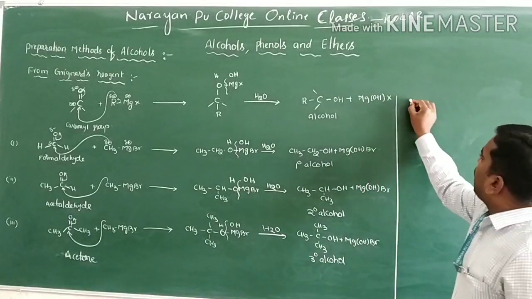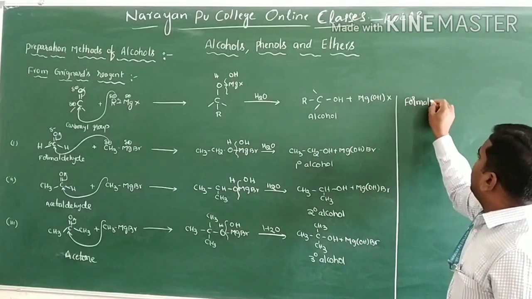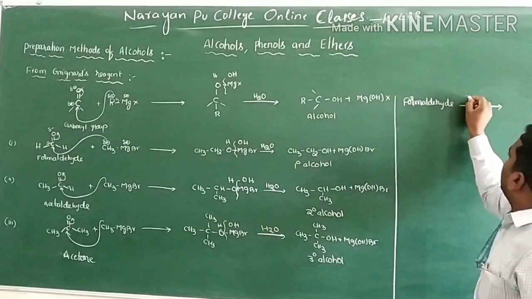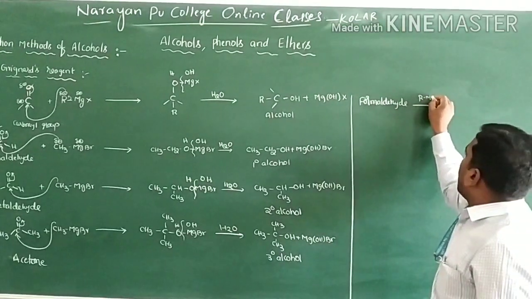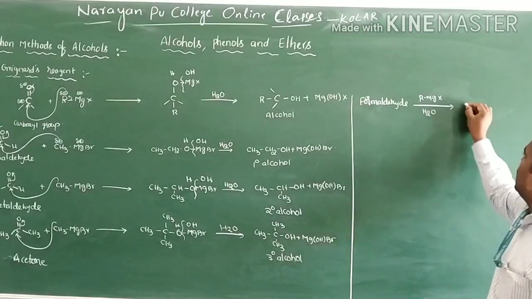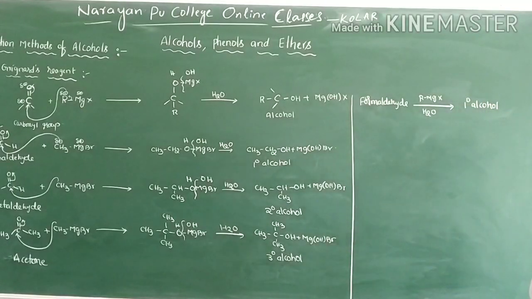If you take formaldehyde and treat it with the Grignard reagent RMgX followed by hydrolysis, you will get a primary alcohol.